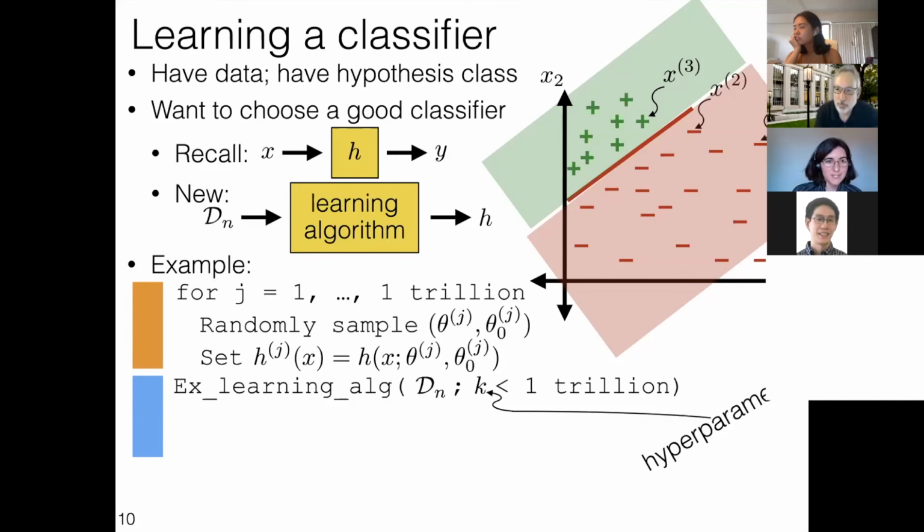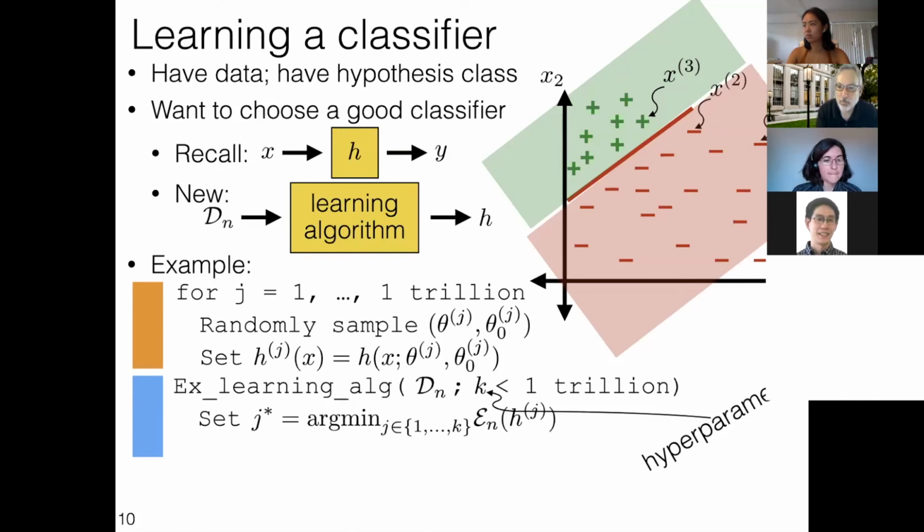A parameter is something that changes our hypothesis H. A hyperparameter is something we change in our learning algorithm that isn't the input. It's like an adjustment to our code, maybe just some value that we'd like to be able to change. And so here we're going to choose some hyperparameter. Let's call it K. And suppose that I restrict K to be less than a trillion.